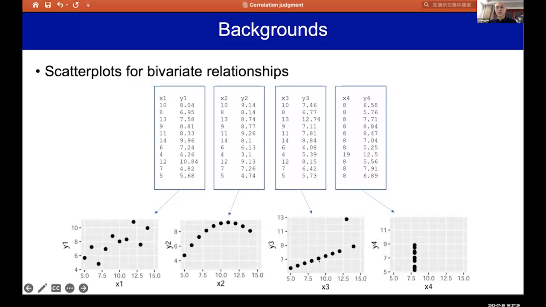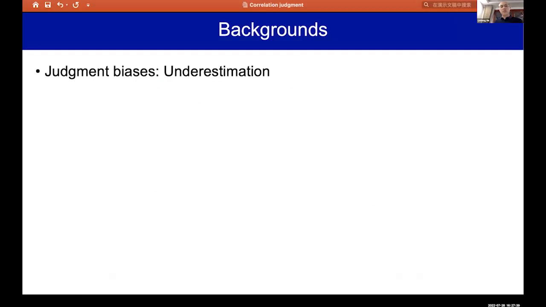I believe many of us have been using and reading scatter plots a lot in our research as well. And despite the huge convenience that scatter plots bring us, we people still have a number of judgment biases in reading information from scatter plots. The very robust effect is what is usually called underestimation.